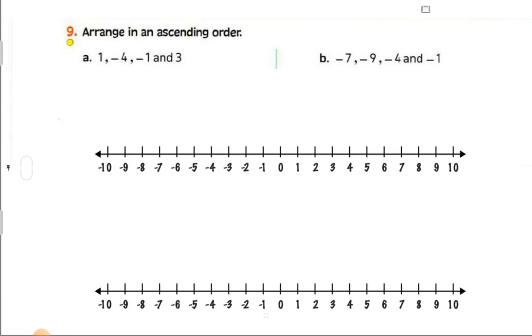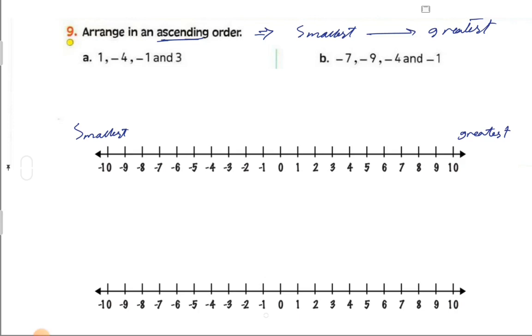Arrange in ascending order. To start, note that here is the smallest and here is the greatest, because this part is positive and this part is negative. Ascending order means to start with the smallest to the greatest.